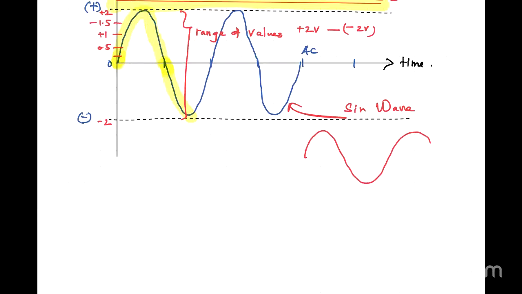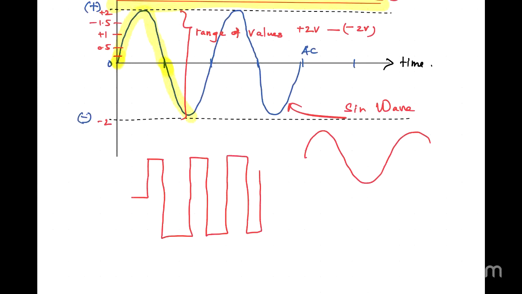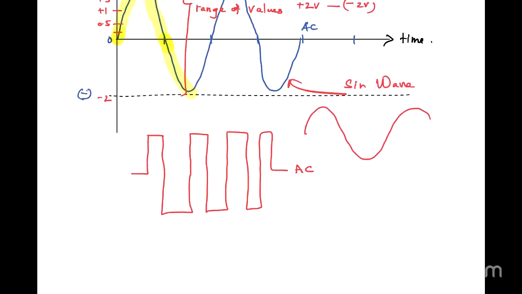And always remember this point. If you are getting some sort of a signal like this, this sort of graph still falls under the alternating graph. Remember these shapes. Just imagine, let's say this is 0 and this is going to be +2 and this is -2, having equal height values.